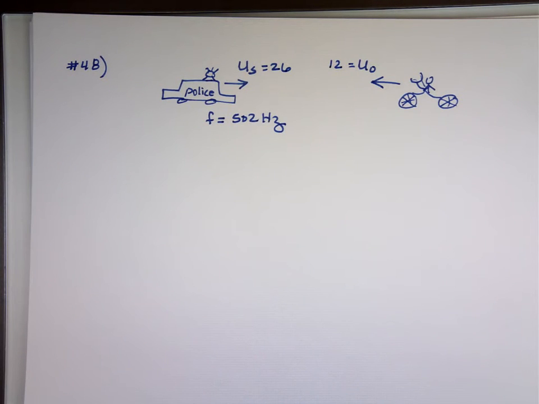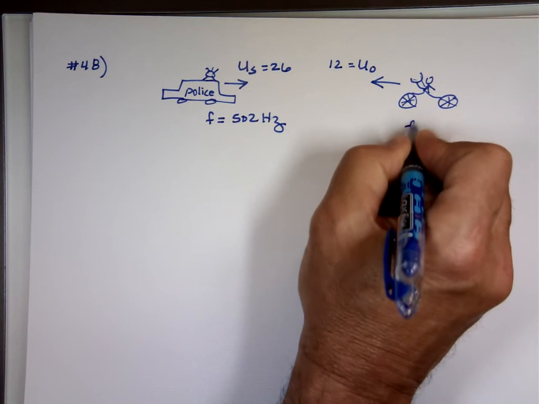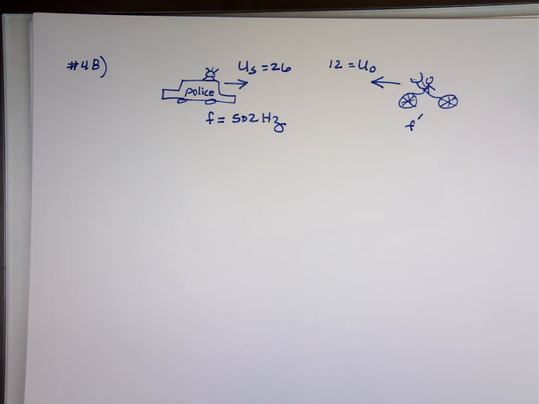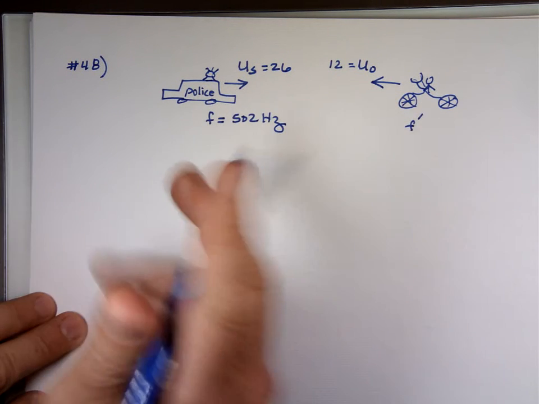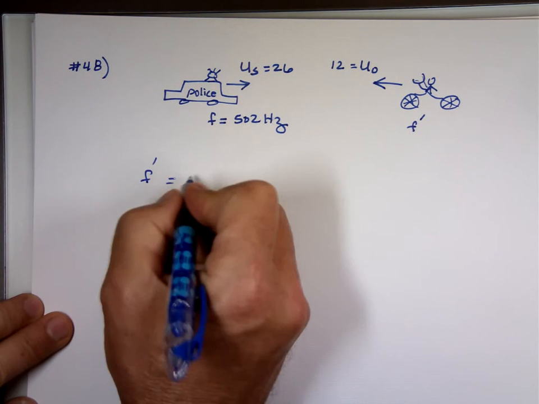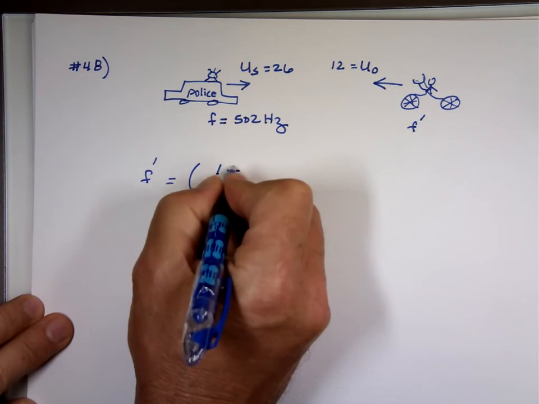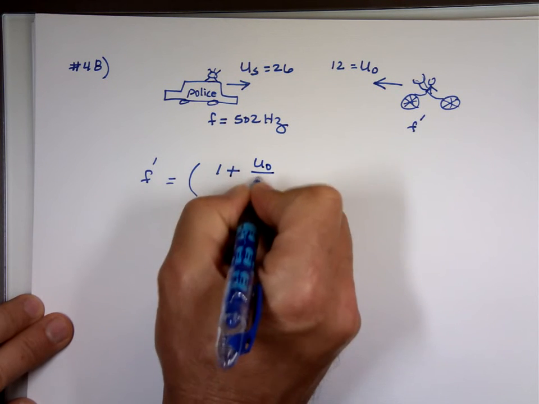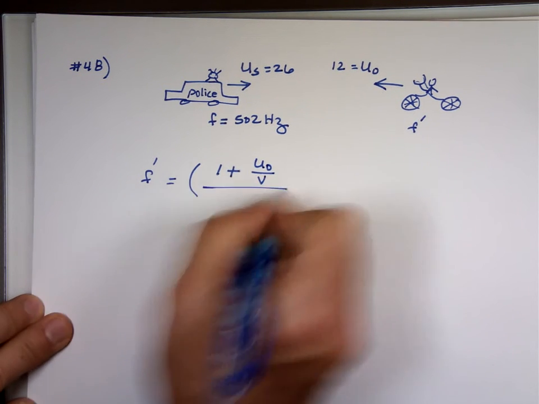What's f prime? So here both are moving. The source is moving and the object is moving. Since the source is moving toward you and the object is moving toward you, we need to use this equation: 1 plus mu object over v, over 1 minus mu source over v.